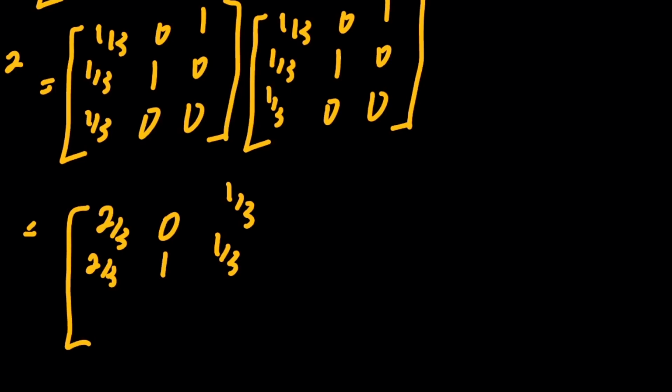We'll do the same for the third row in the first column, so that's 1/3. And we'll do it again for the third row in the second column. We get 0 and 1/3. And there you have it.